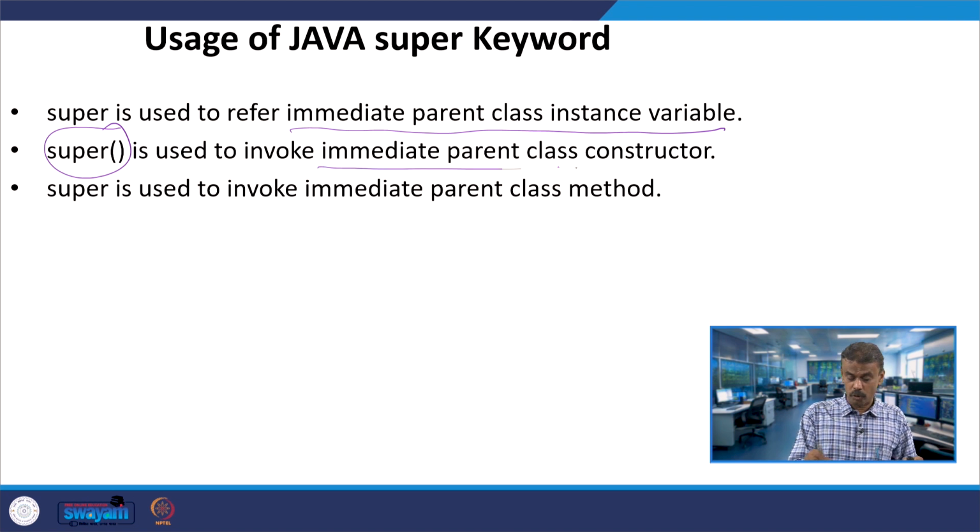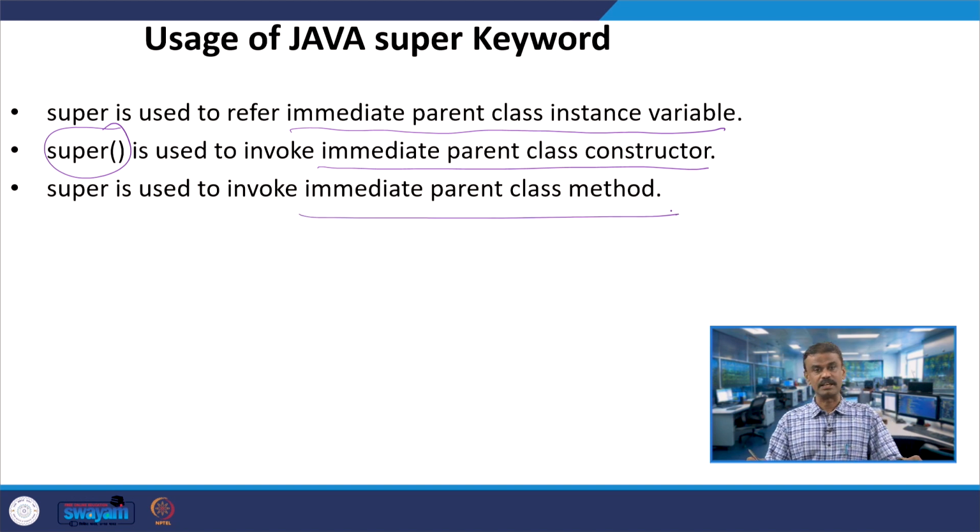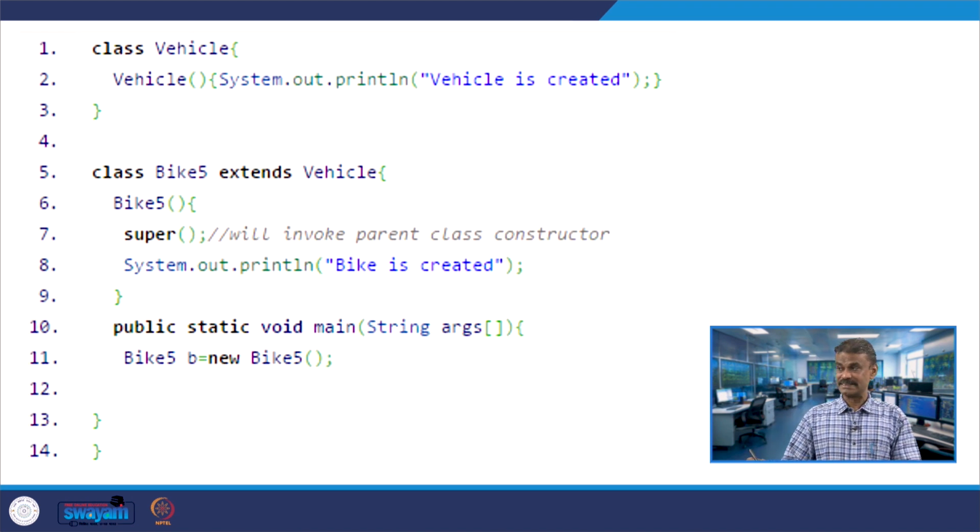Whenever you are using super(), in the case of the constructor we use the same name, and this is used to invoke the immediate parent class constructor. Similarly for methods, when I want to invoke the immediate parent class method, we can use the super keyword. Now we will see an example.